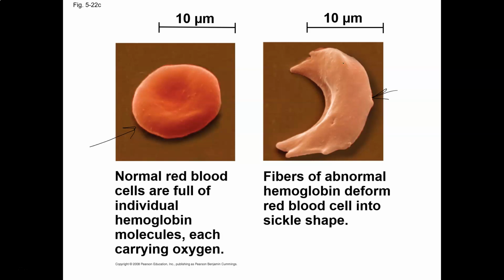It has a different shape, shaped like a sickle or a crescent moon, and that's going to affect its ability to transport oxygen. So just that one mutation can lead to an abnormality in the protein that can have health effects.